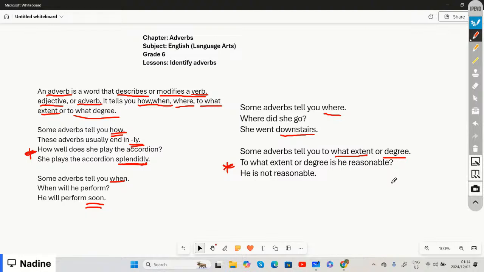And once again, we said an adverb is a word that either describes or modifies a verb, the action word.